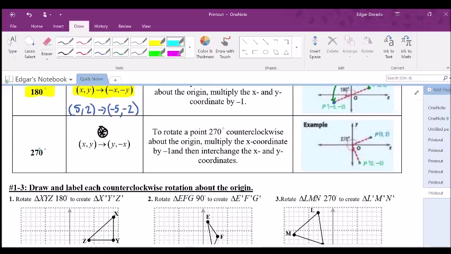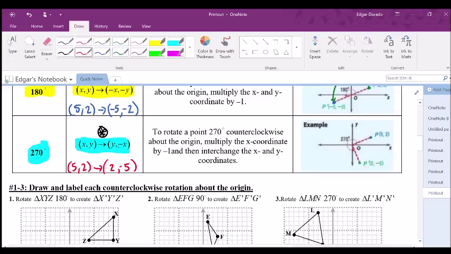Let's move on to the final rotation, which is 270. And in this one, we are actually going to go ahead and turn every x comma y. So I'll do another quick example here. If I have 5 comma 2, once again, we're switching the x and y. So I'm going to put the 2 here and the 5 here. But now I'm making my y value negative.